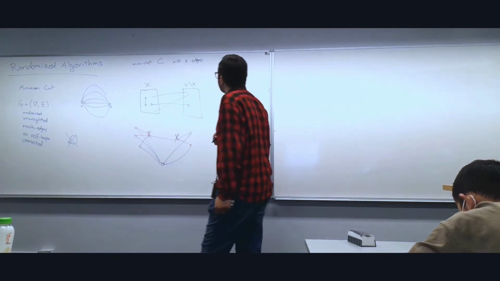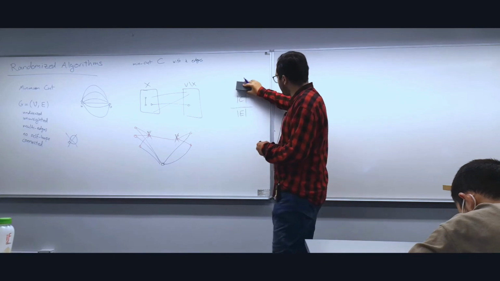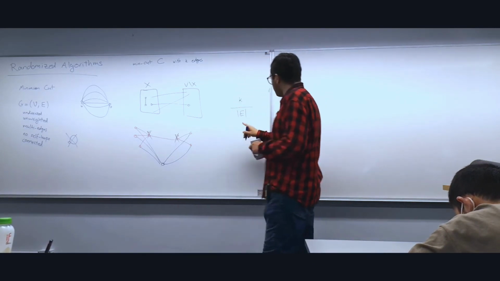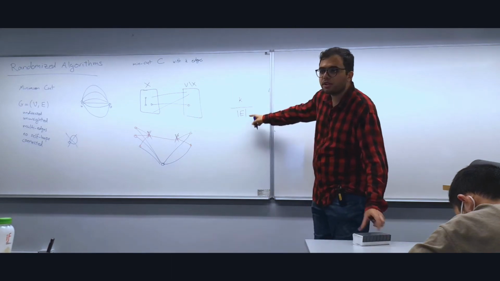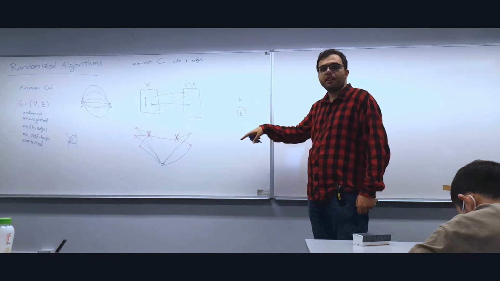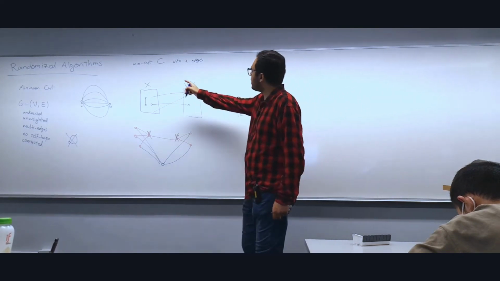Okay, so if my MinCut has K edges, then here instead of C, I can just write K. But can I find a bound on the total number of edges in all of my graph? You see, the only thing that I know is that my minimum cut has K edges.